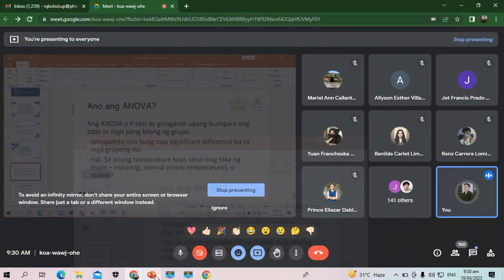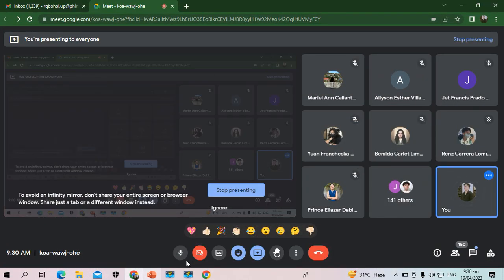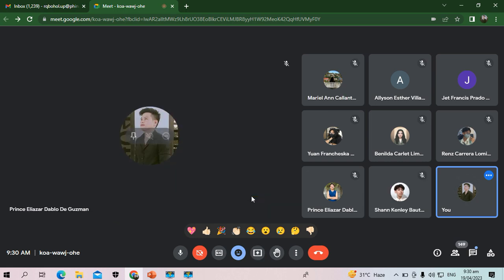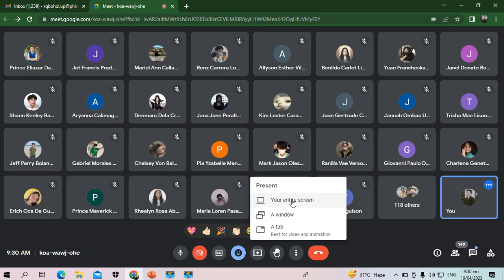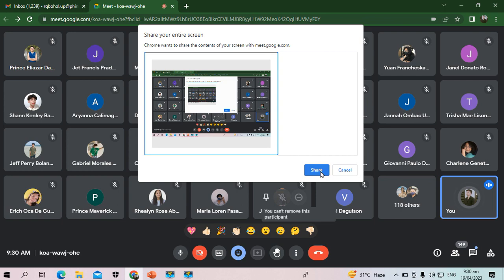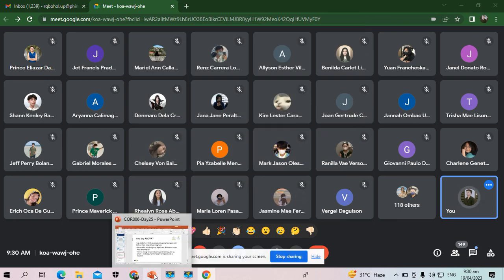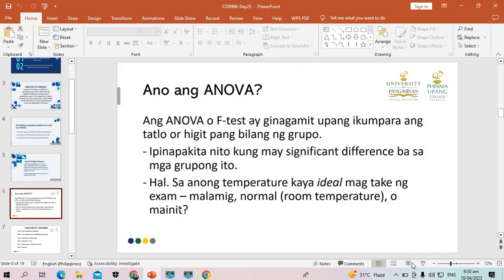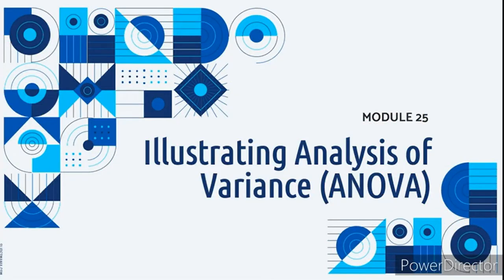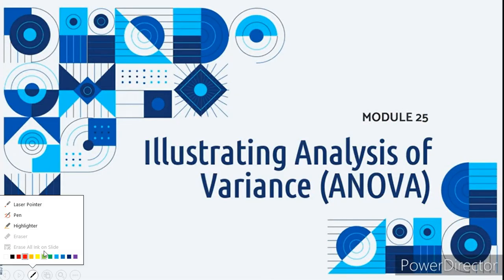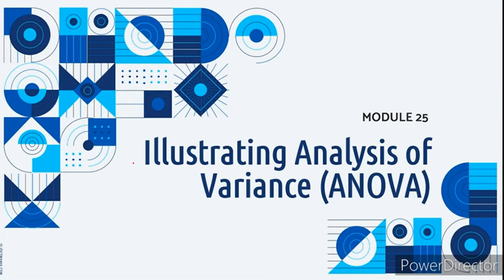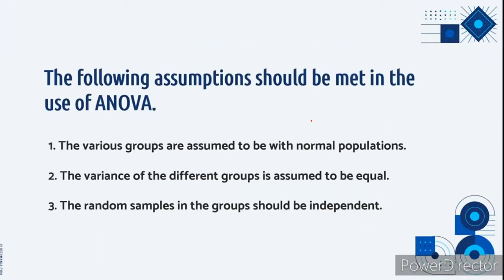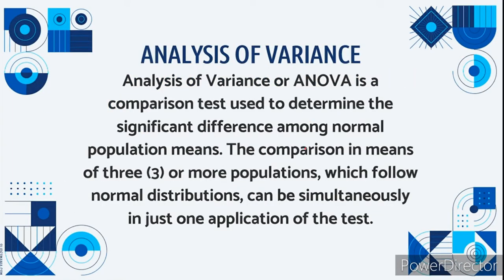Next, dito tayo sa ANOVA. Yung sa ANOVA, susolve tayo ng dalawa kasi mahaba to eh. Meron na ba? Module 25, Illustrating Analysis of Variance. So, huwag nyo nang i-memorize yung mga yan kasi pure solving tayo, no?